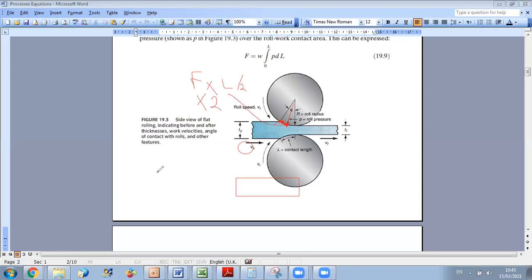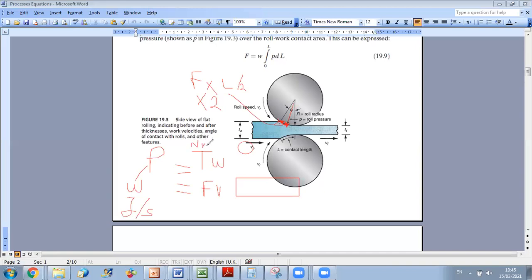And therefore, I can calculate the total power, because you know that power is torque times what? Power is torque times angular velocity. Or, in other words, it's force times linear velocity. The unit of power is watt or joule per second. The unit of torque is Newton meter.